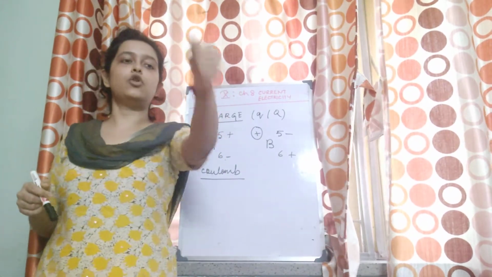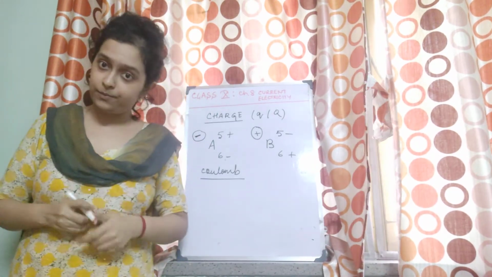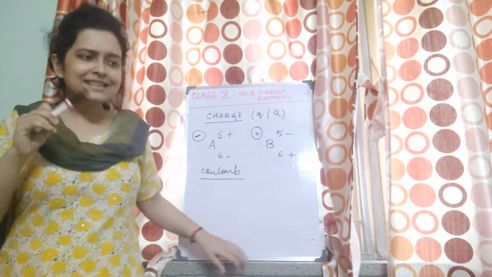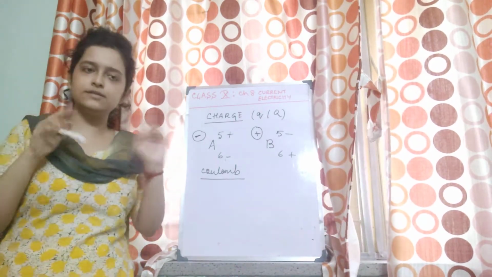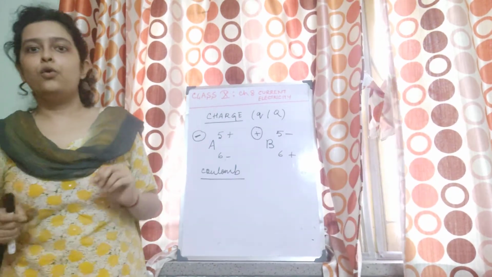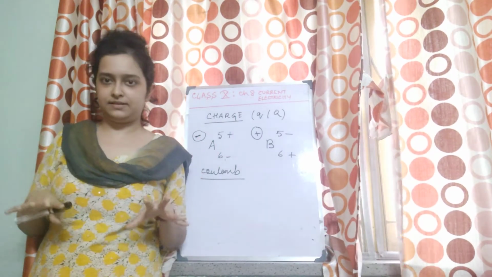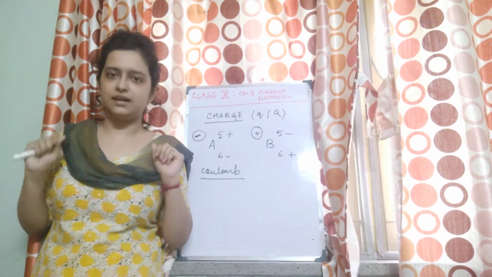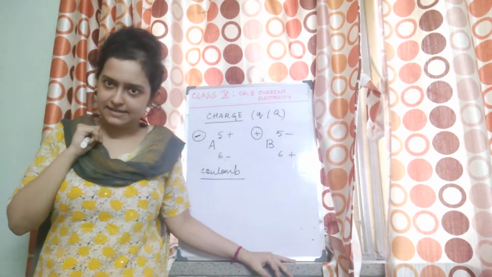Now if you hold the comb in front of the bits of paper, they get attracted to the comb. So in this case, is there any current flowing? No. But there is still a story of charges. These types of charges are static charges, that means stationary charges which reside on the surface of a substance.